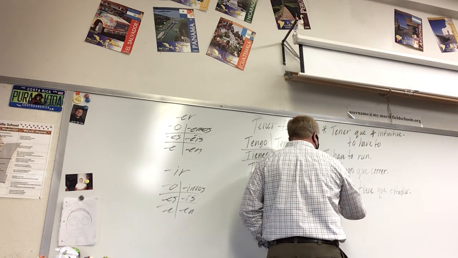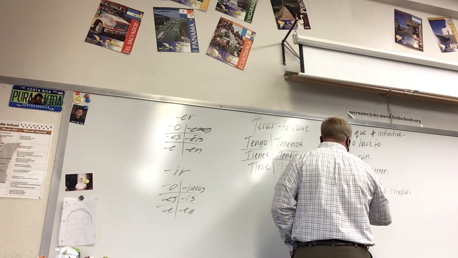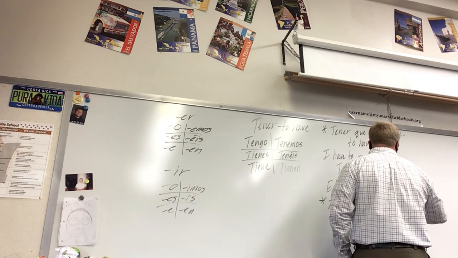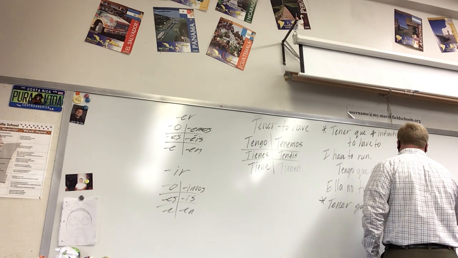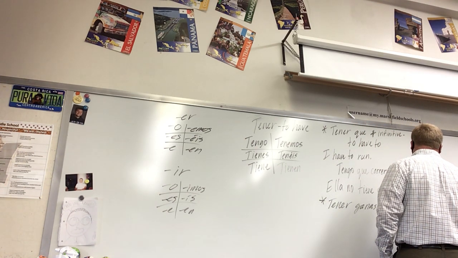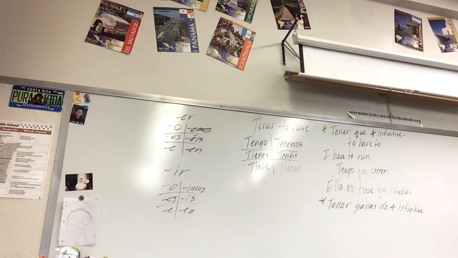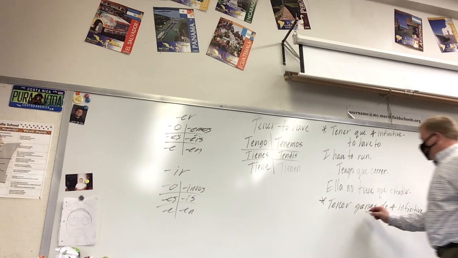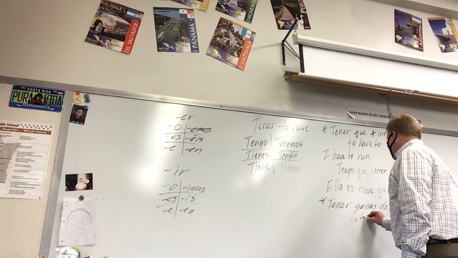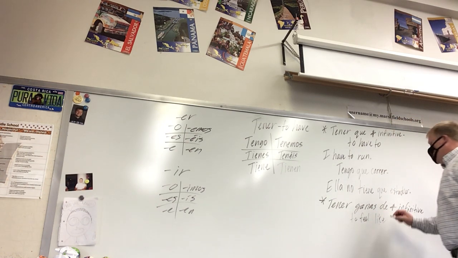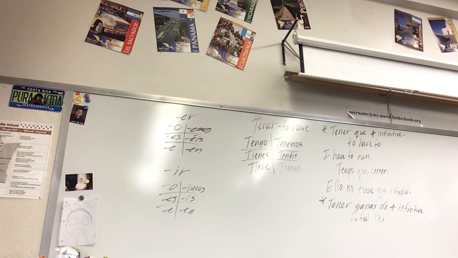Another common phrase with this is tener ganas de plus an infinitive again. The infinitive that we're adding is always the action. So tener que plus infinitive is what you have to do, and this one expresses to feel like.